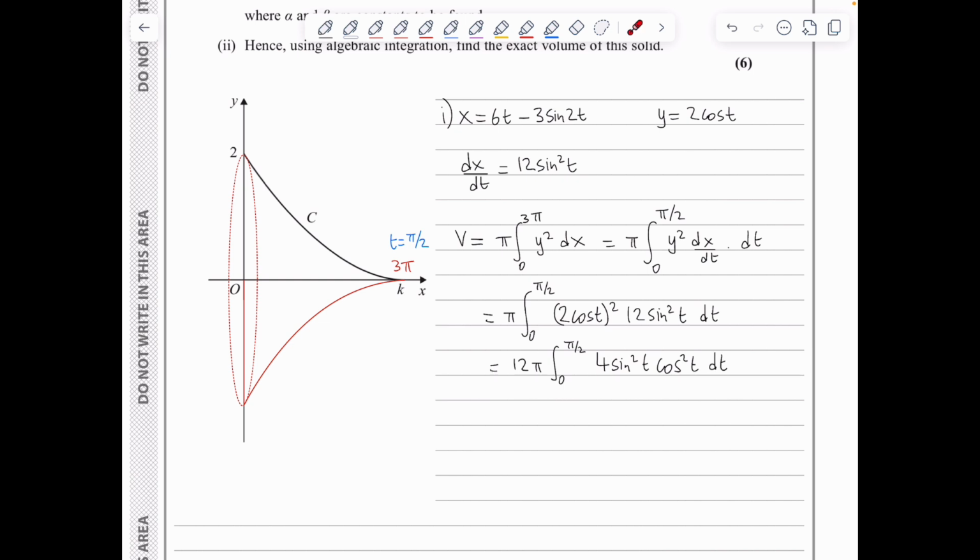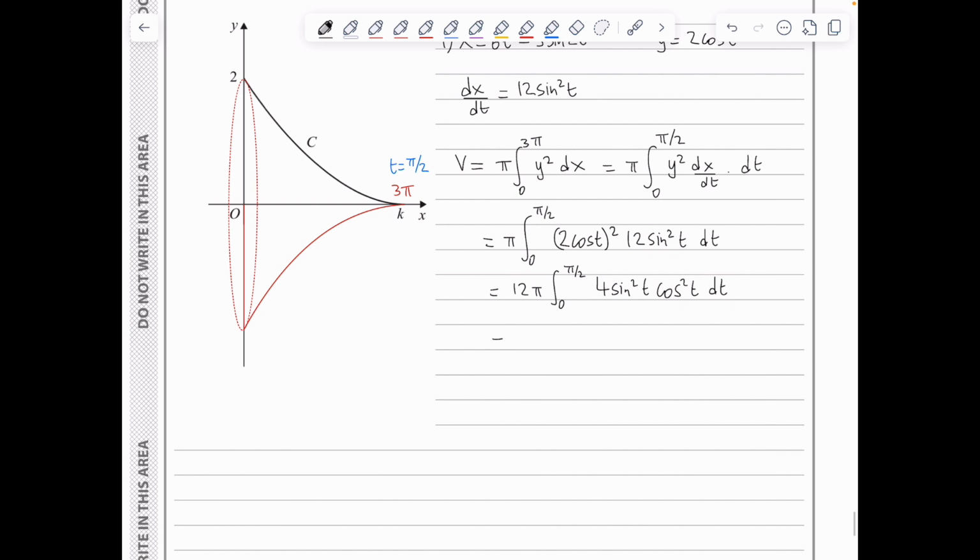Now the 4 sine squared cos squared should be recognized as (2 sine t cos t) all squared, so it's 12 pi, the integral from 0 up to pi over 2 of (2 sine t cos t) all squared dt, which is of course the double angle for sine. So it's 12 pi, the integral from 0 up to pi over 2 of sine squared 2t dt.